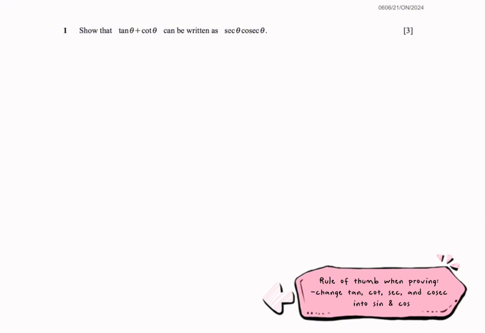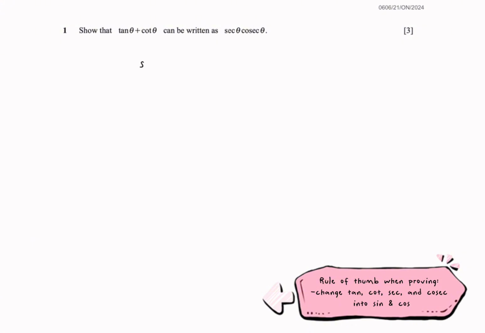Okay, so for this kind of question, you have to start from tan theta plus cot theta and show that it's equal to secant theta cosecant theta. Usually for proofs, it's easier to change the tan theta into sine and cos. So we can do that right now.